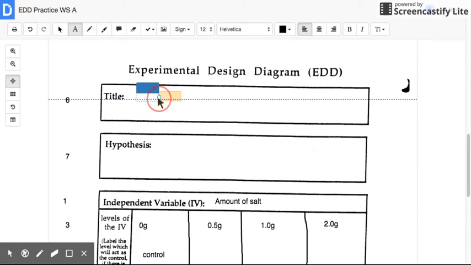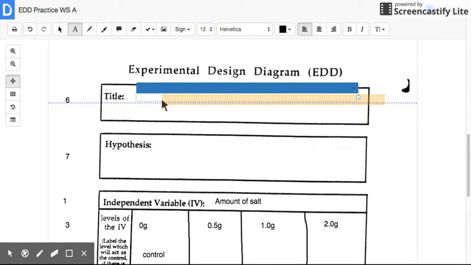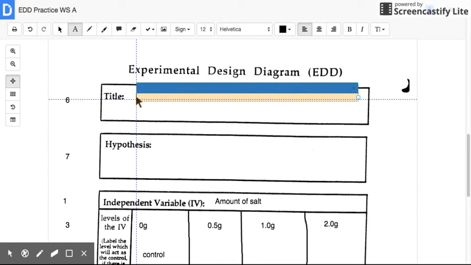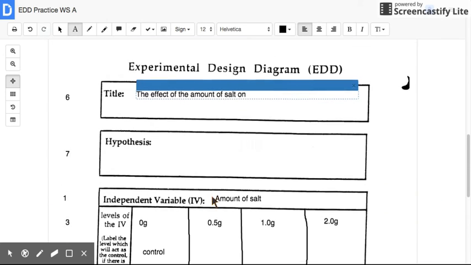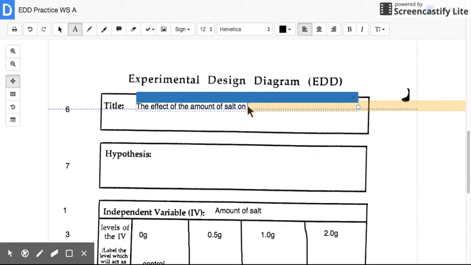So when we come into this particular part, we always start off with the effect of the IV, which is the amount of salt, on the DV. And in this case, the DV, you just go down to your dependent variable, is the number of drops of water on a penny. So the effect of the amount of salt on the number of drops that fit on a penny.